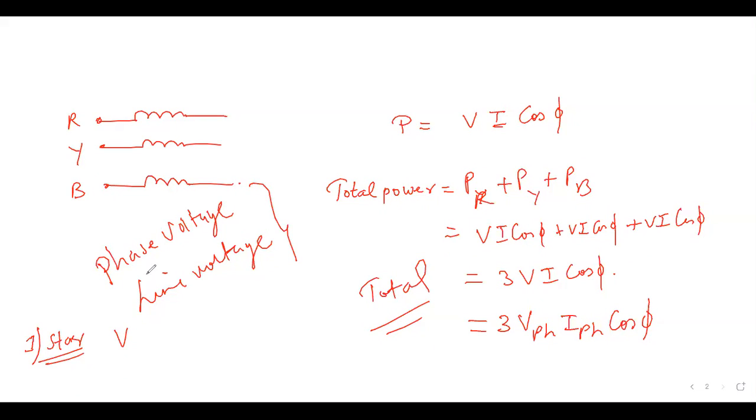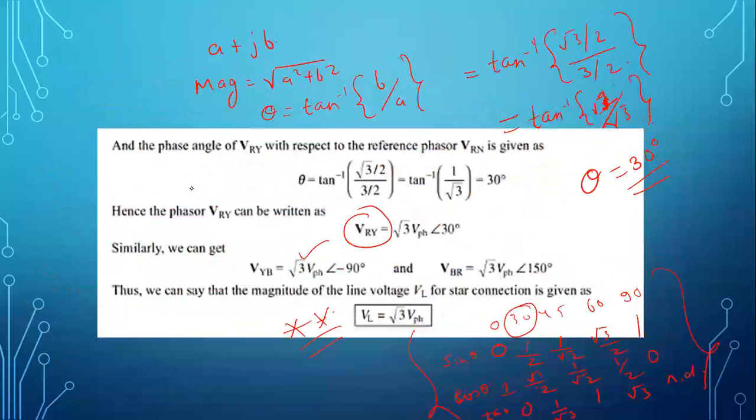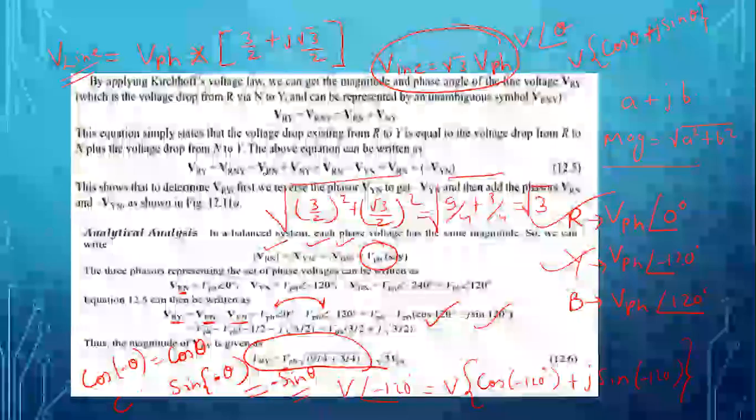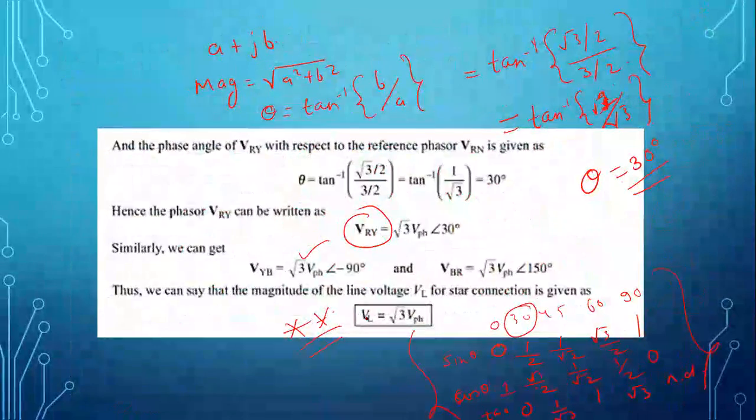Your voice is breaking. Sir, the line voltage is root 3 times the phase voltage. For star connection, line voltage equals root 3 times phase voltage.